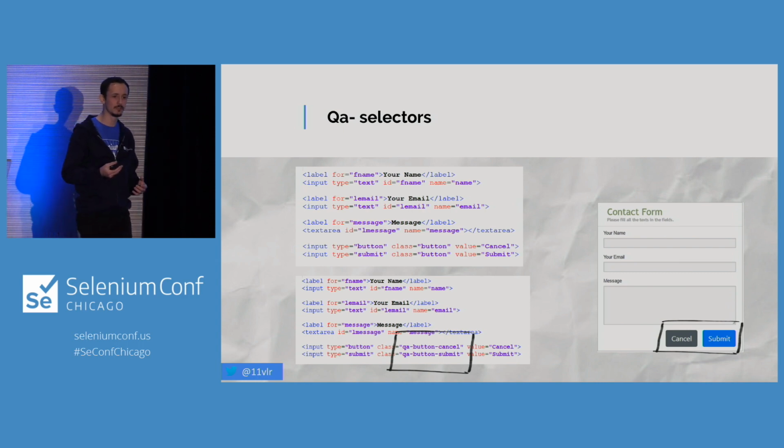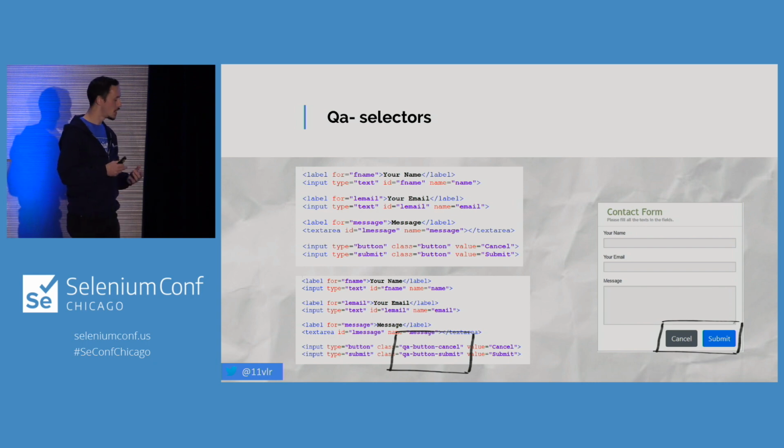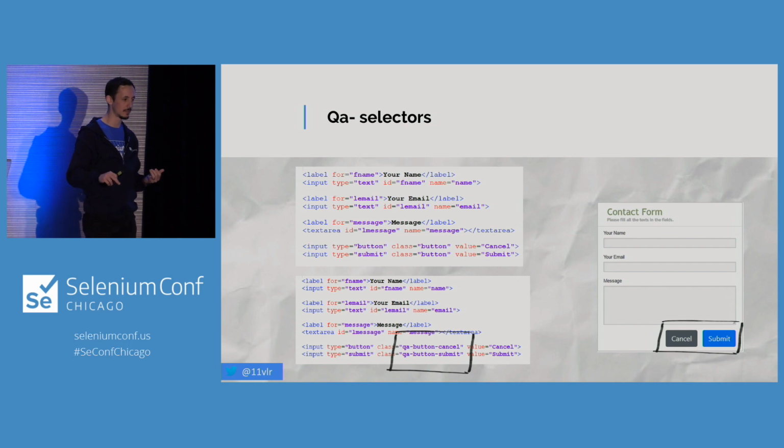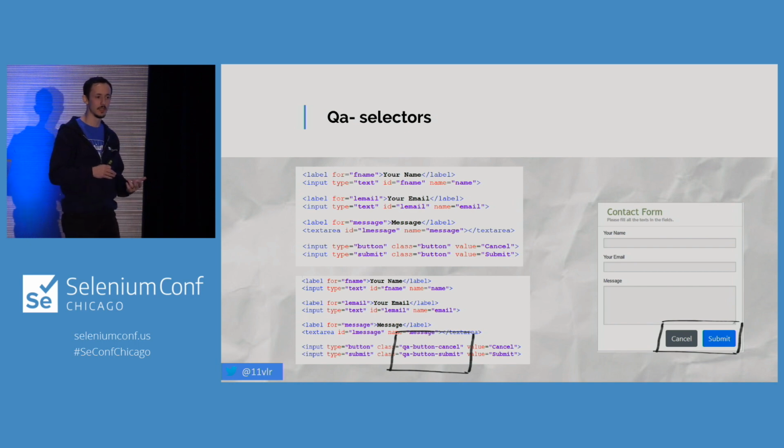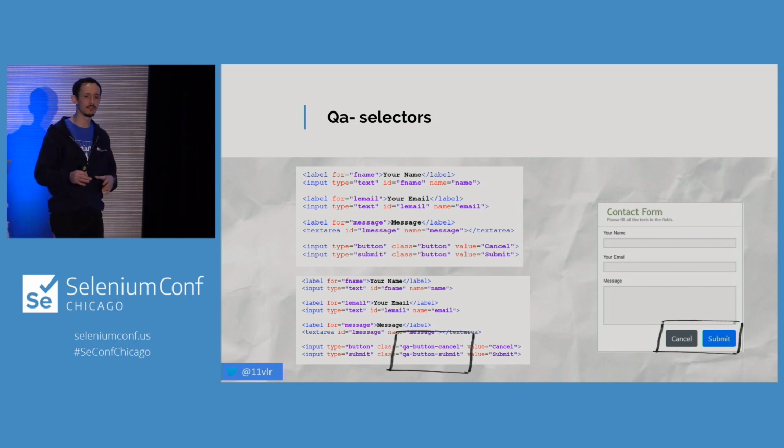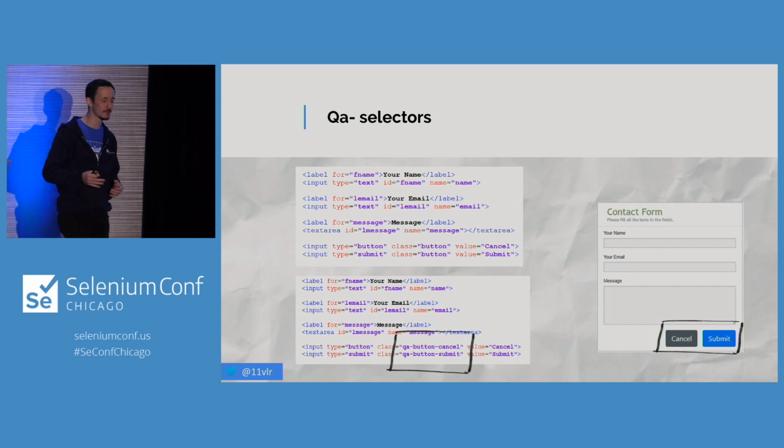This is really good because your tests are going to be cleaner, because you're always writing driver.findElement by CSS selector or class. So you don't have to worry about whether you're finding it by ID, class, or CSS selector. Because for some reason, developers and testers don't talk on teams, and it's very odd.